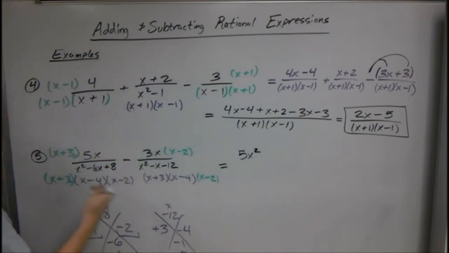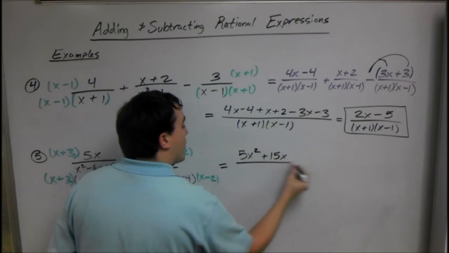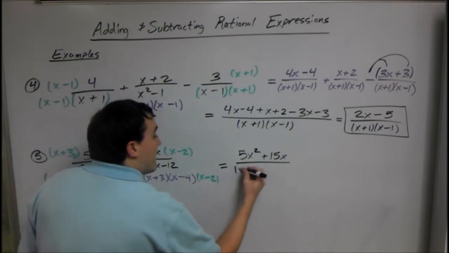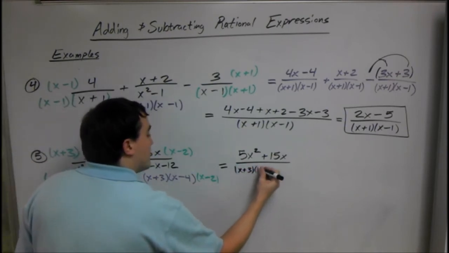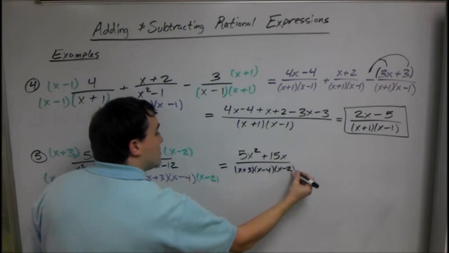And then 5x times 3 is 15x, so plus 15x over our common denominator. And I'm going to write it kind of small. X plus 3, x minus 4, x minus 2.